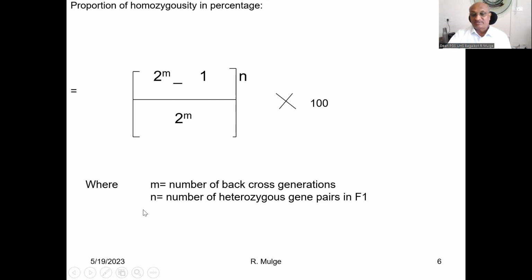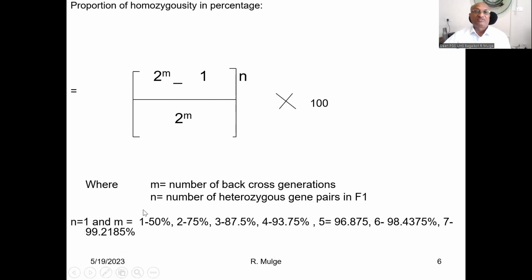So that is what you get if you use one gene in the first backcross generation, 50%. Now you are going for the next generations, right?